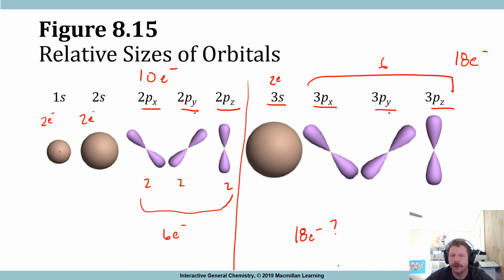Well, the element argon. This is known as the electron configuration for an element, and specifically this is the electron configuration for the element argon.